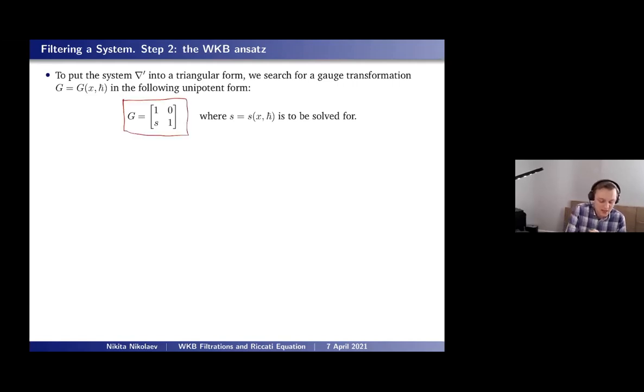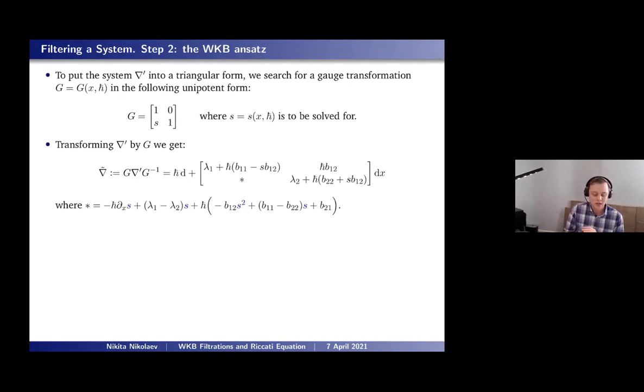Here S is some function that I need to determine. So I need to write down an equation for S such that G transforms nabla prime into something triangular. If you do this calculation, you get the following. It looks maybe a little bit messy and complicated, but it's not really.